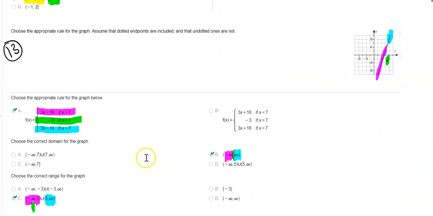On this next one, we have 3 things going on here. Basically, we have the same function, but it's split up between x is less than 7, here in fuchsia, and here in this nice little light blue on top here. And then we just have one value. So y is equal to -3 when x equals 7. So just one dot there. That allows this to be continuous or have a domain of -infinity to infinity because we can plug in any x value.